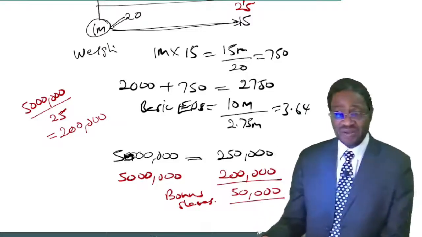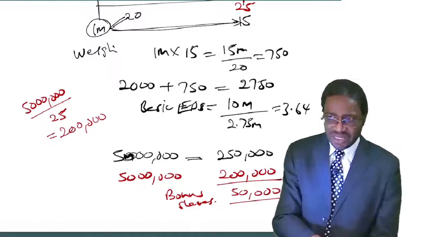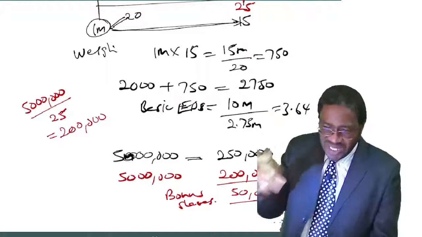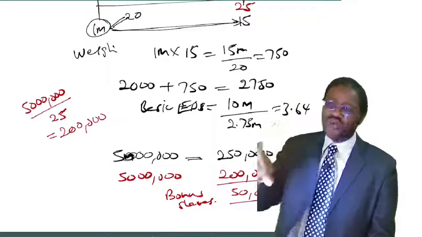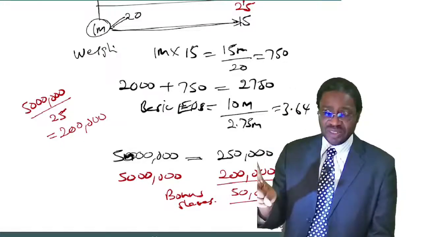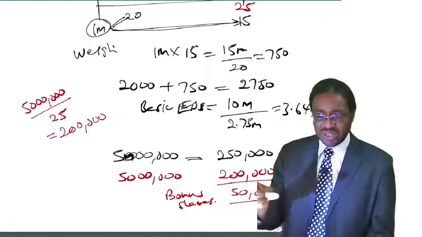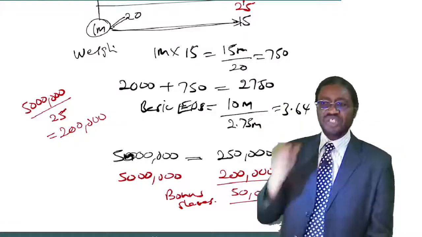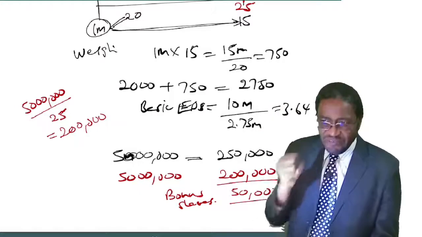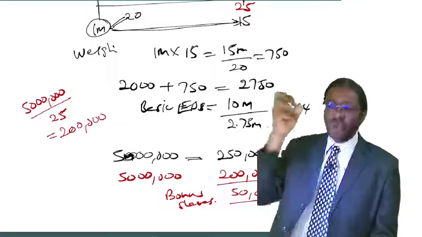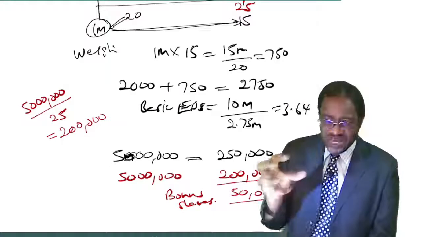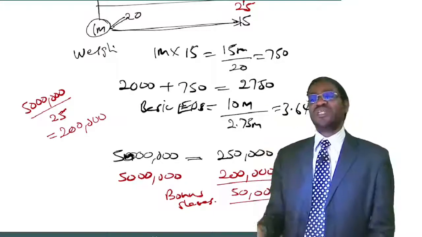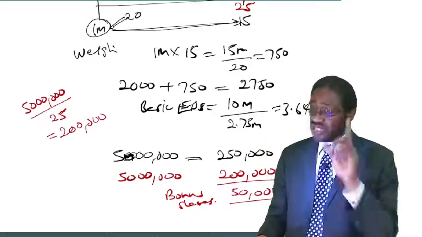Listen carefully now. It is these 50,000 shares that you are going to give them for free that will dilute the interest of the existing shareholders. It is the 50,000 shares that you are going to give them for free that will dilute the interest of the existing shareholders.